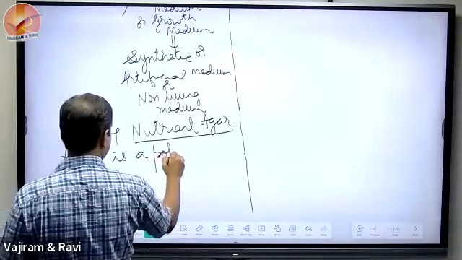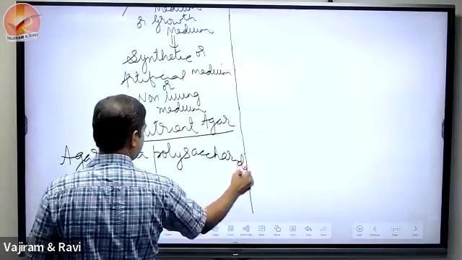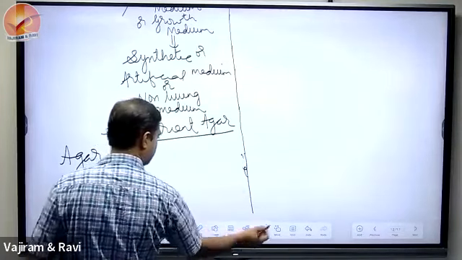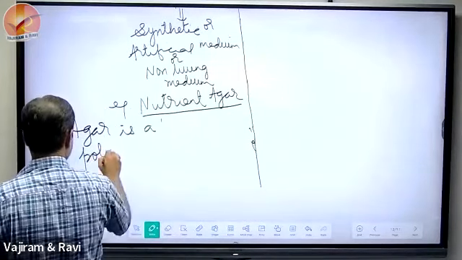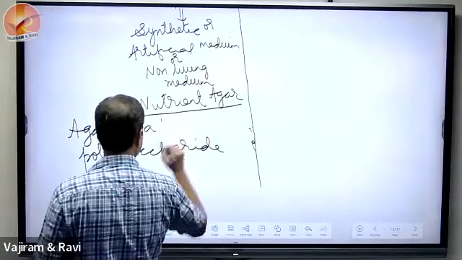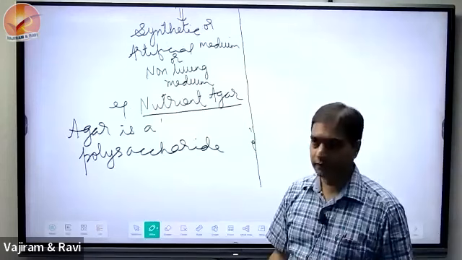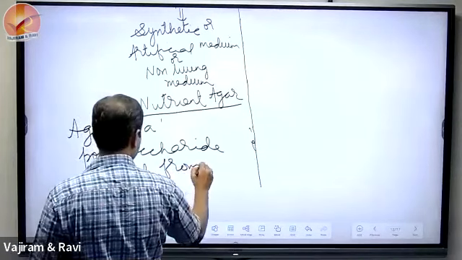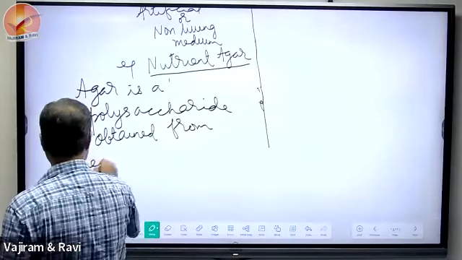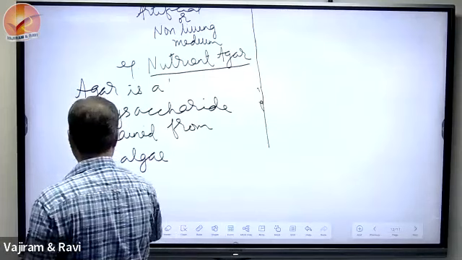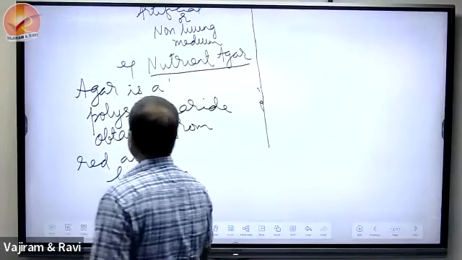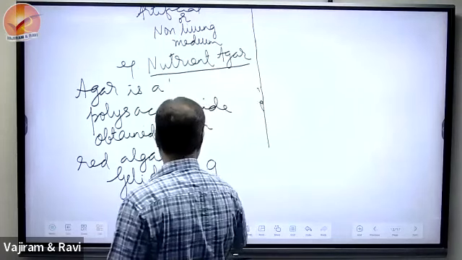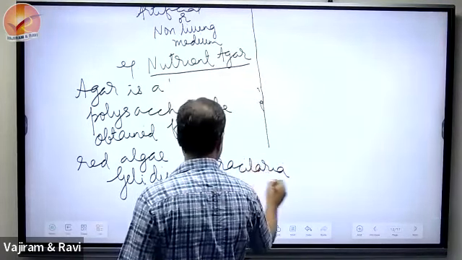Agar is a polysaccharide, under bracket write complex carbohydrate, obtained from red algae known as Gelidium and Gracilaria.